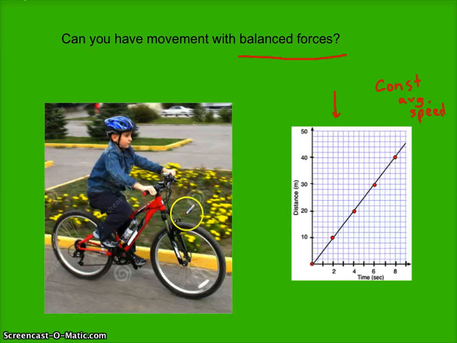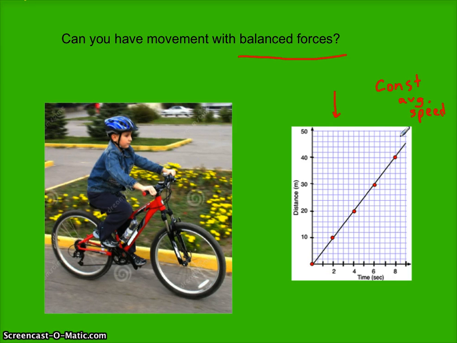This little kid right here, if he stays at, say, 15 miles an hour the entire trip, he's at a constant speed, but you know that's not going to happen. So yes, you can have movement, but it has to be at constant average speed, and that's not going to happen that often. But you have to have an unbalanced force to have any kind of acceleration or deceleration.